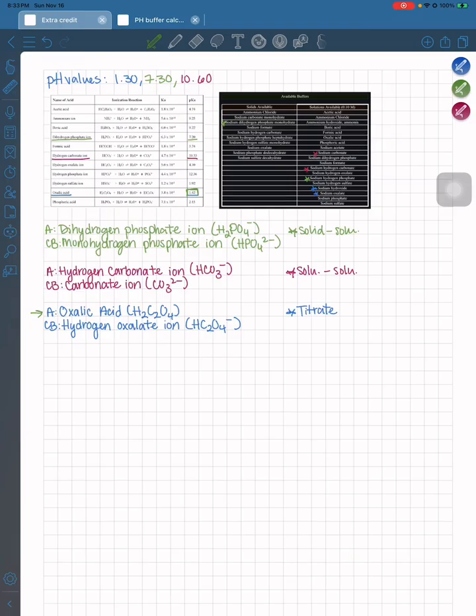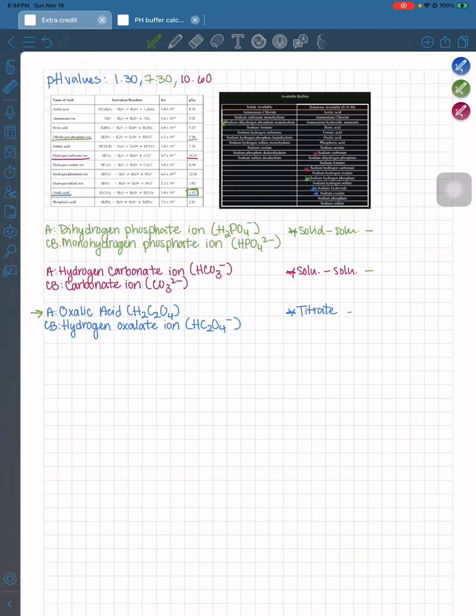Either way, moving on, we need to figure out which method to use for each one of these pH values and acids. The 3 different methods are solid solution, solution, and titration. And of the 3 methods, 2 of them require the acid to have a conjugate base.